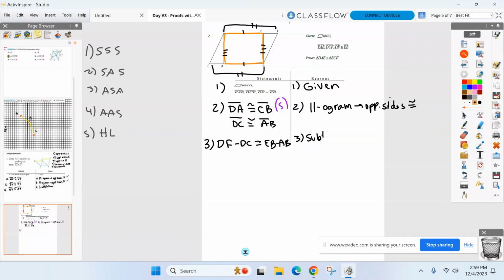Subtraction. And things don't change even though we're in Unit 6. It's going to be substitution coming up to say that side EA is congruent to side CF, and that is another pair of sides.